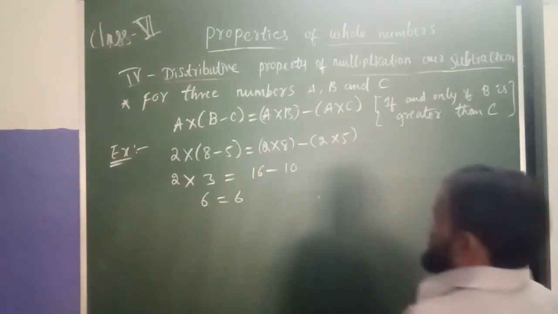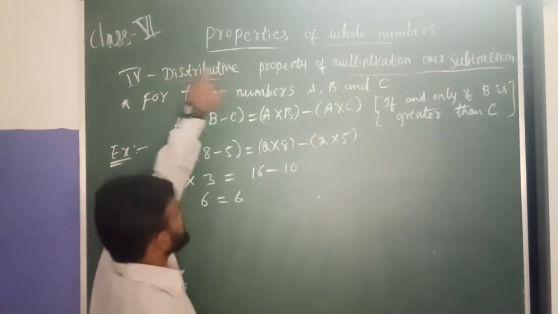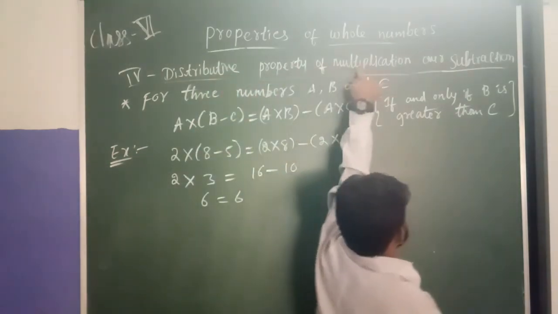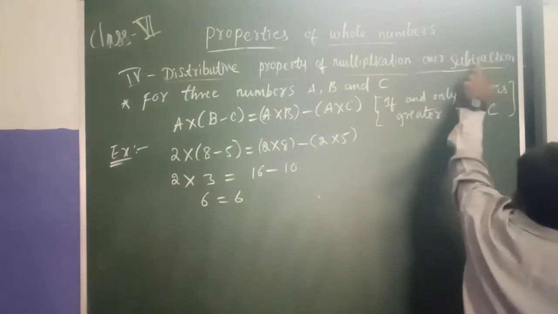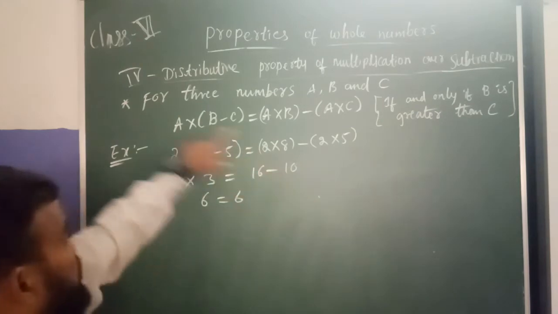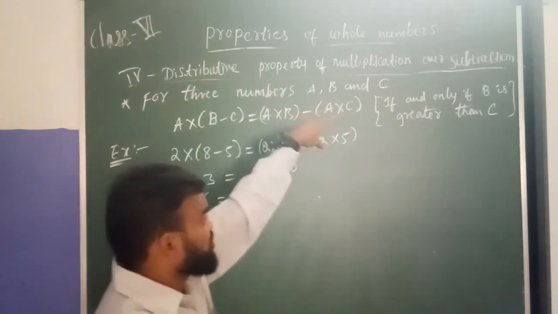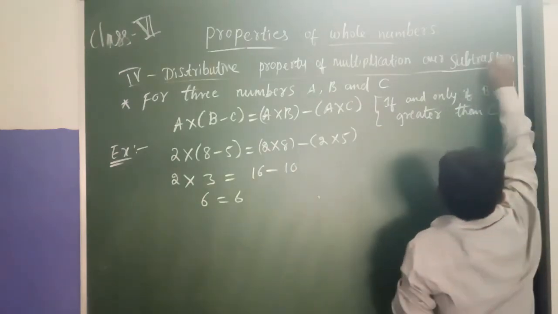In the sixth one, that is the B part, the second part: distributive property of multiplication over subtraction. Before that, we did the distributive property of multiplication over addition. Now I am taking it for subtraction.